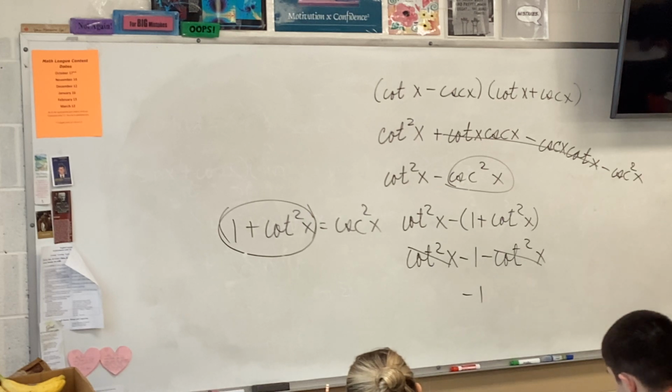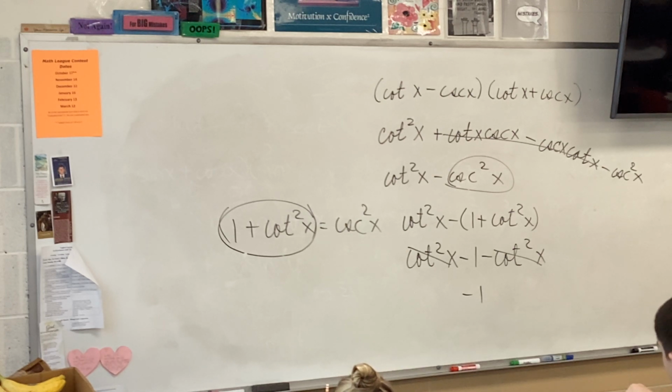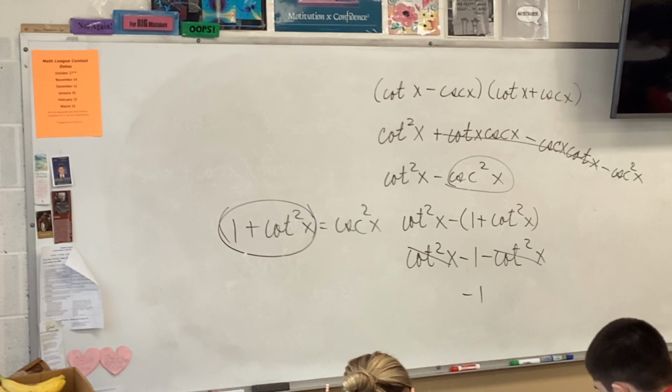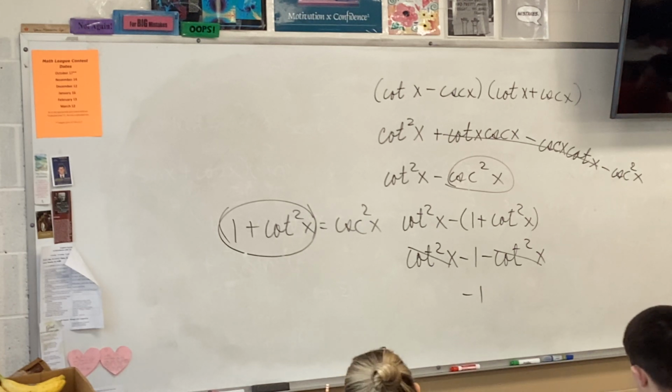Okay, so number 4, 1 plus tangent squared is secant squared. What goes in the boxes in number 5? Sine x over cosine x. And skip down to number 7. Cosecant is 1 over sine. And remember, you have to have the x. So sine x.